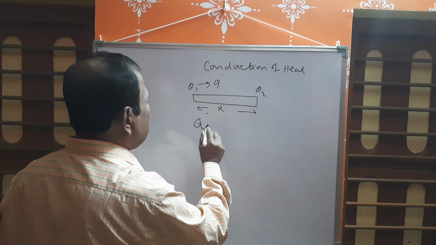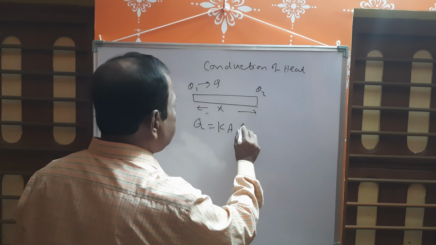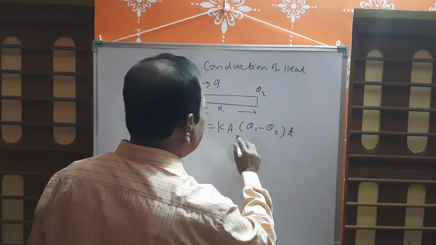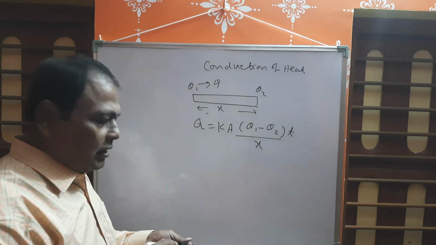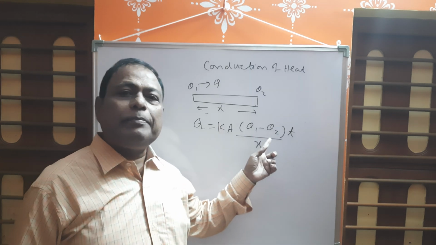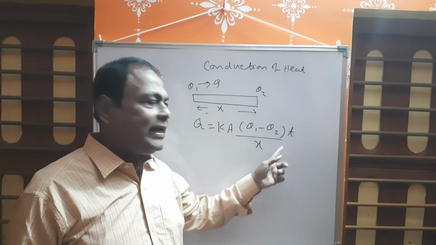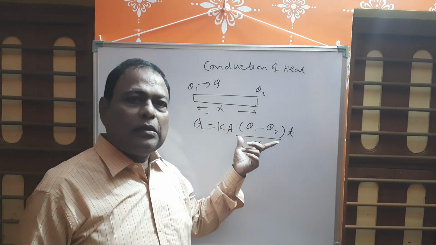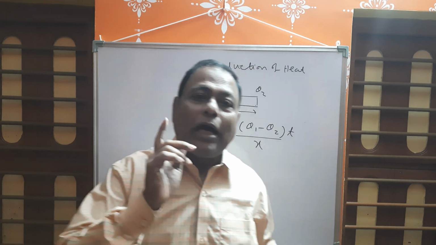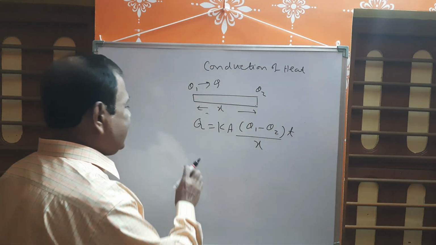Q is equal to K A (theta 1 minus theta 2) t by x. Q is the heat flow, A is area of cross section, theta 1 minus theta 2 is the temperature difference, t is the time in second, x is the thickness. This K is called a constant, the thermal conductivity.